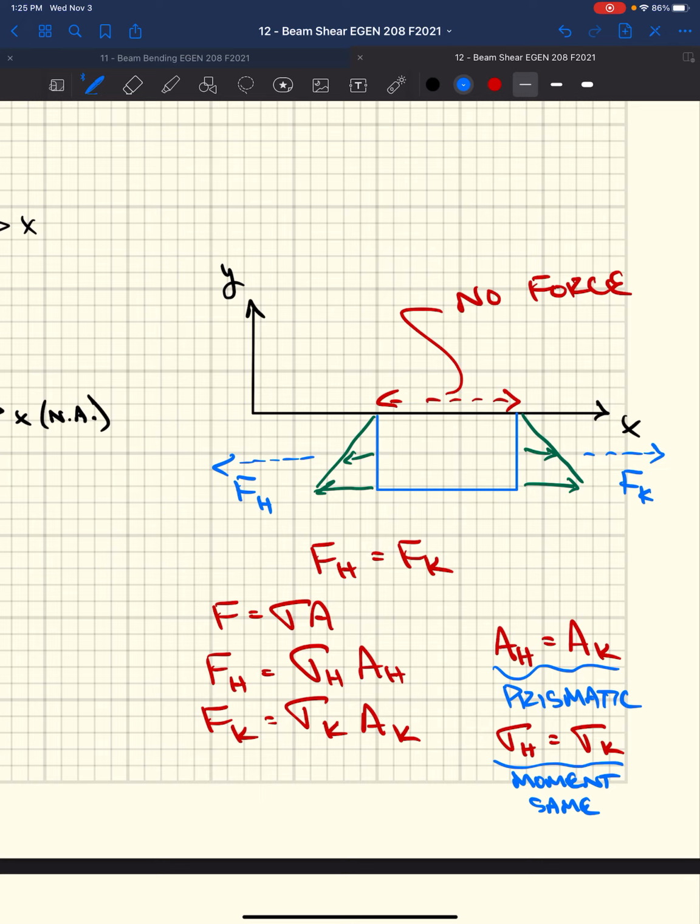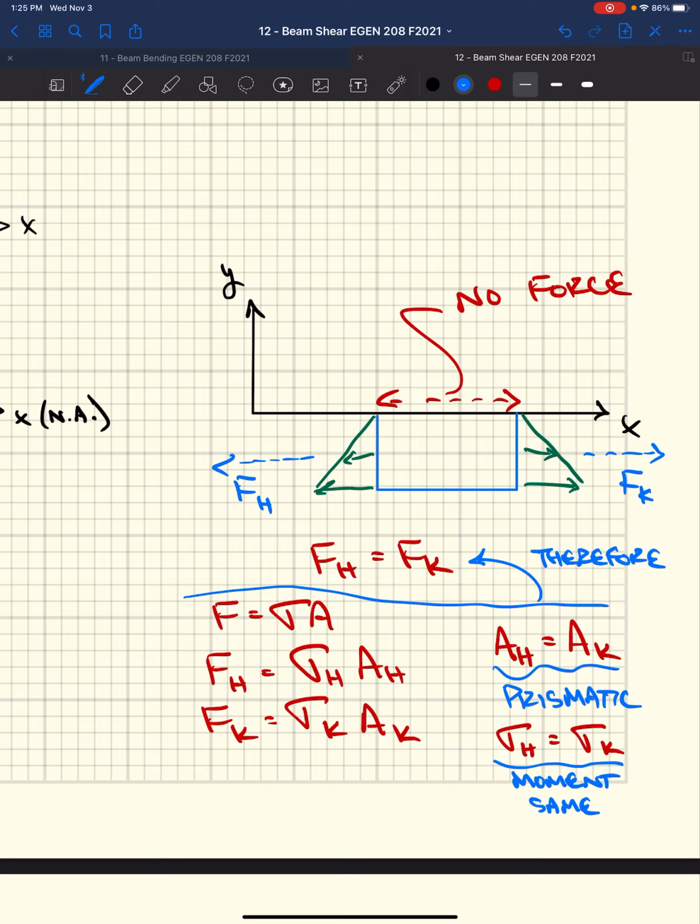Moment of inertia is not going to change, right? So we look at our stress as My over I. The moment's not changing, and the geometry of the cross-section isn't changing, it's prismatic. So the area doesn't change, and our y over I doesn't change. So the stress doesn't change, so then we can make the determination that therefore, the forces on one surface equal the forces on the other surface, and that results in no force along the neutral axis.